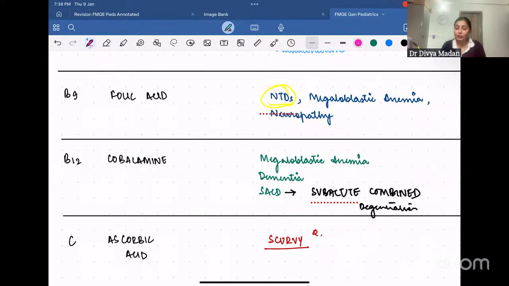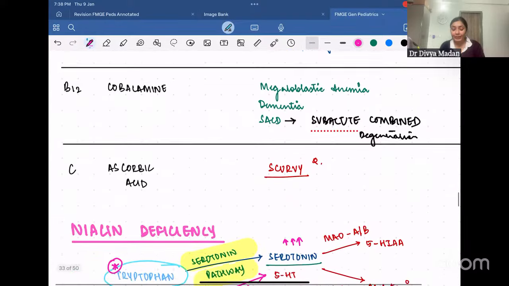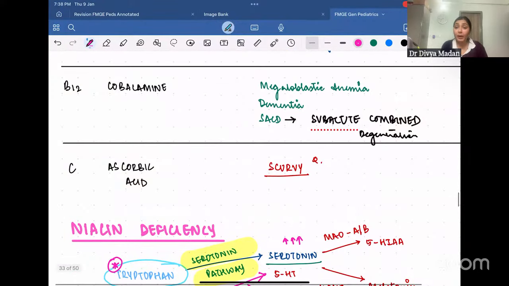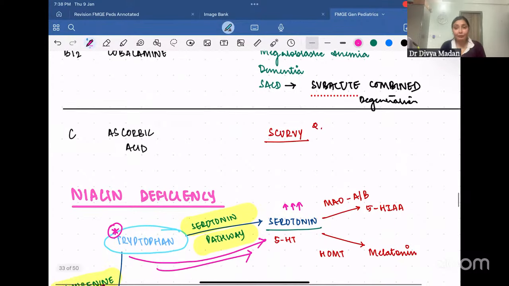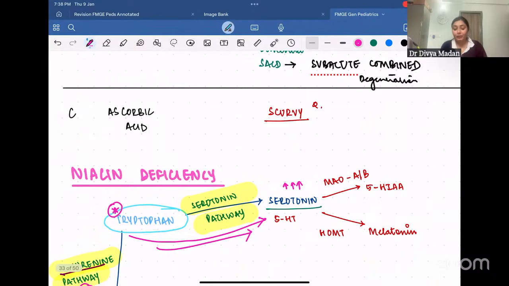Apart from that, megaloblastic anemia, neuropathy. We have then B12, that is cobalamin. Cobalamin deficiency can again lead to megaloblastic anemia, dementia, and SACD, that is subacute combined degeneration. And finally, coming to the last water-soluble vitamin, that is ascorbic acid, we all know that the deficiency of this vitamin C leads to scurvy.